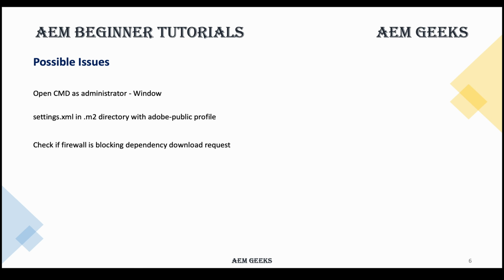Again, your M2 directory should have settings.xml. It is not mandatory now because this profile has been added in your project itself, but still sometimes you will see an error if you don't have this in your M2 repository.